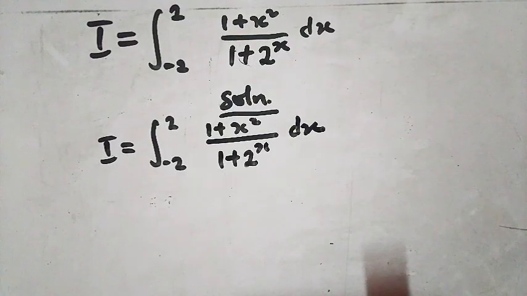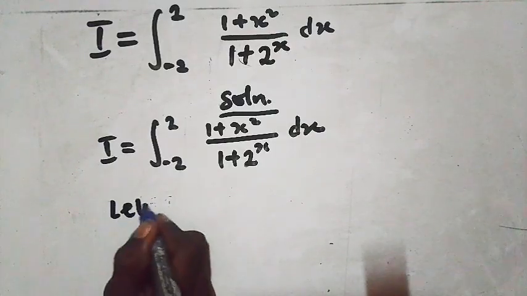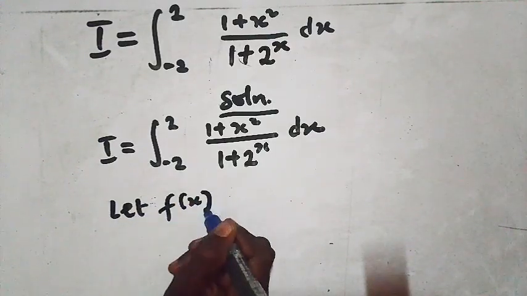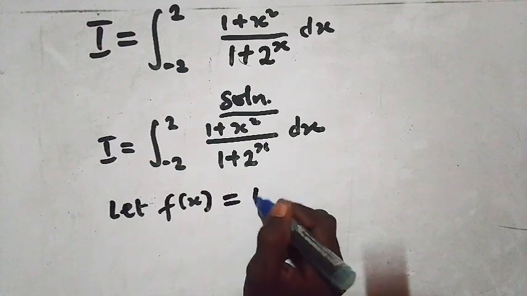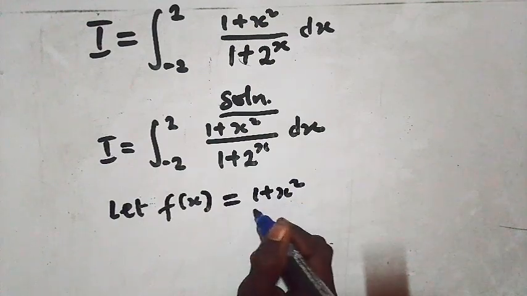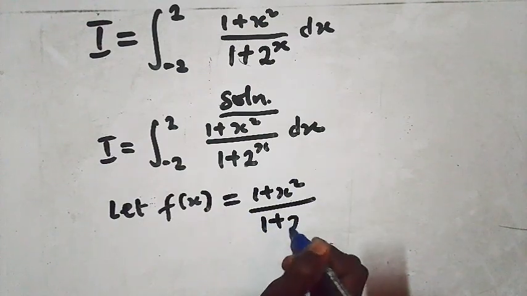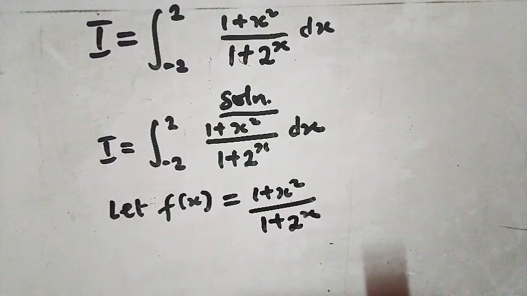If you look at this problem, this is unlike our usual definite integral, but this is a special case, and we call this a symmetry type definite integral. So we can say, let f of x equal (1 + x squared) over (1 + 2 raised to power x).